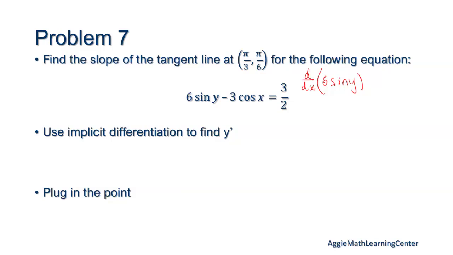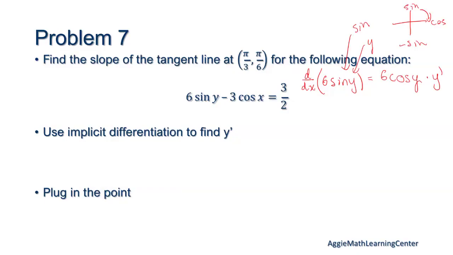What is this derivative gonna be? Well, we'll have the derivative of the sine. So what's that guy? Yeah, cosine, because we go clockwise. So it'll be 6 cosine of y, and then we take the derivative of the inside, which is y, but this is in terms of x. So we just make it y prime.